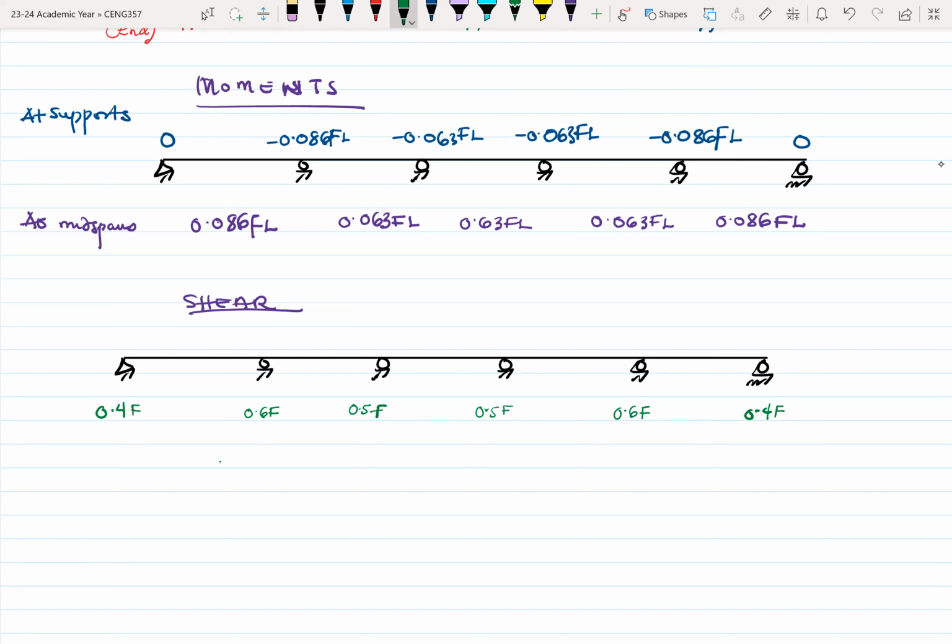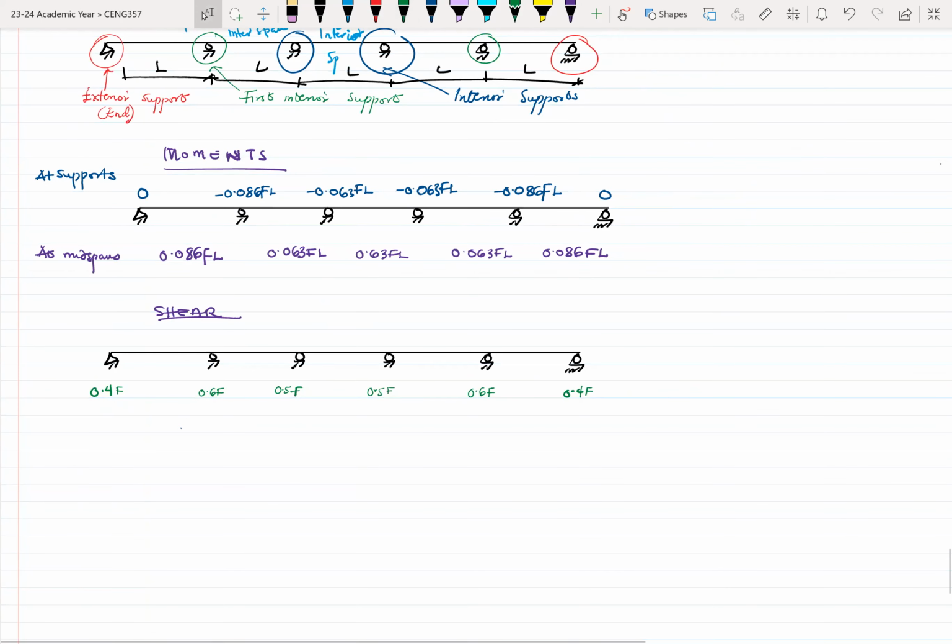The same applies for the moment, where we have the over support and over ultimate spans. So the same approach is being used. Let's see how an example is going to help us appreciate this better.